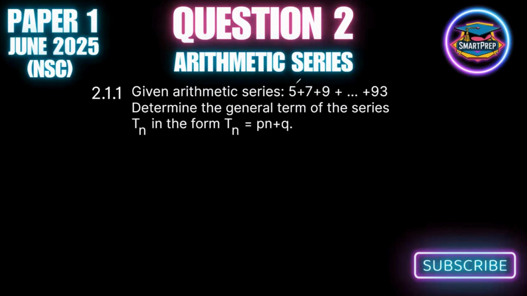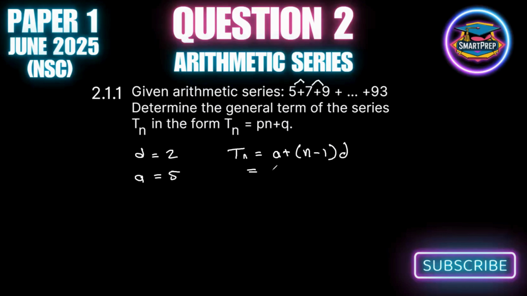So we can see that the difference is 2, and the first term is 5. And we know that Tn is equal to a plus n minus 1 d.